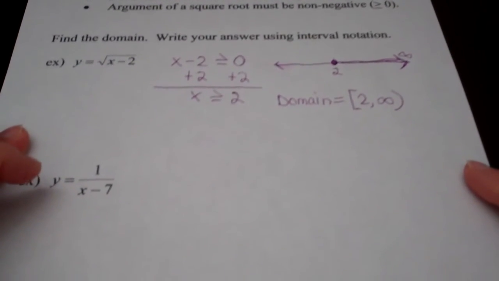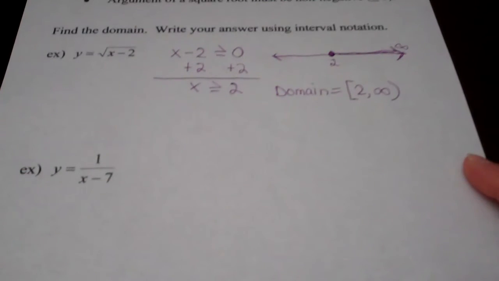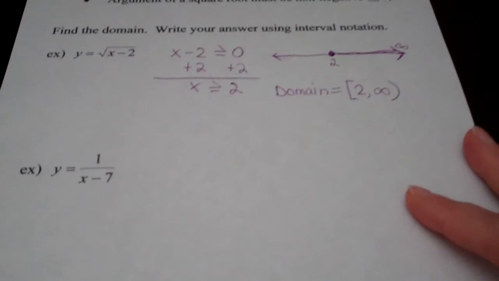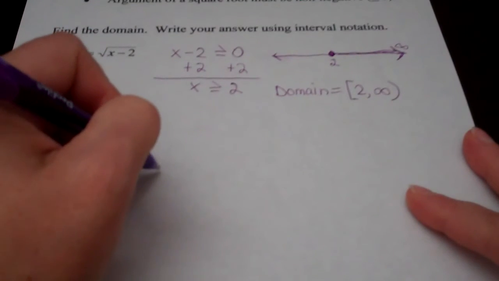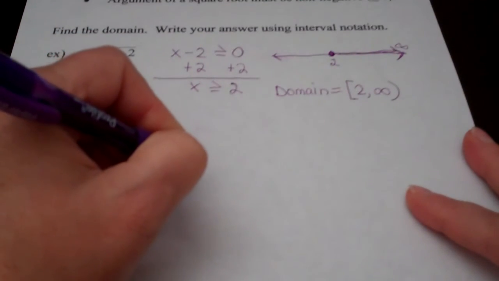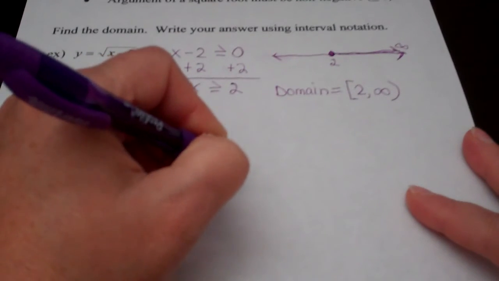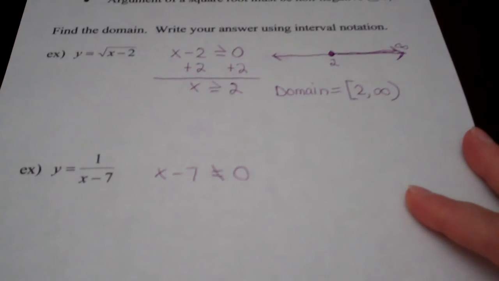And then the last one is a fraction. And so above, we said that the denominator of a fraction cannot equal 0. You can probably pretty much eyeball this one. There's not a whole lot of working out. You could probably do it in your head. But if you wanted to work it out, remember the denominator cannot be 0.